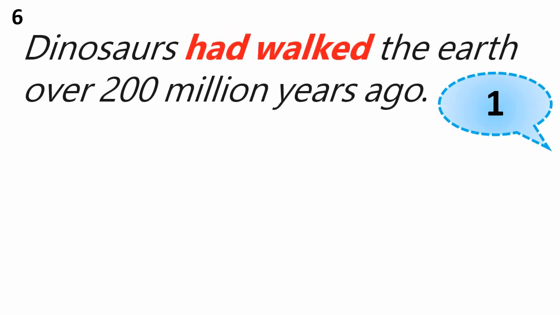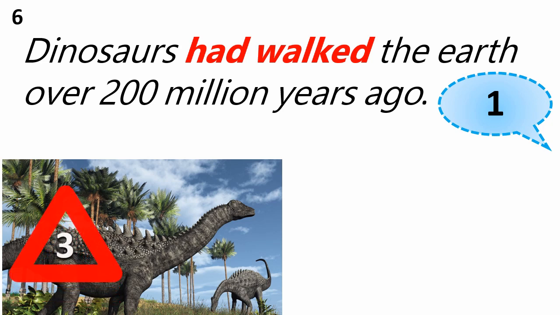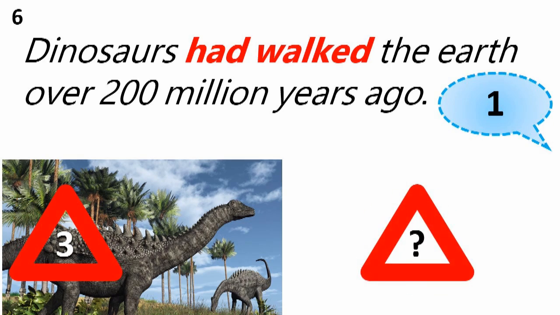Some students are confused because they think the had plus red form is something that happened a long, long time ago, as in these two examples. Number 6. Dinosaurs had walked the earth over 200 million years ago. Number 7.